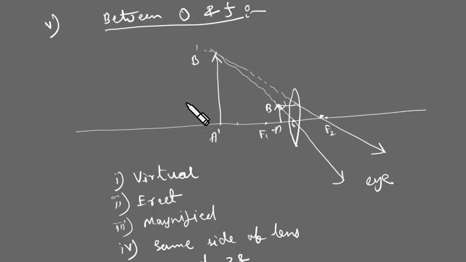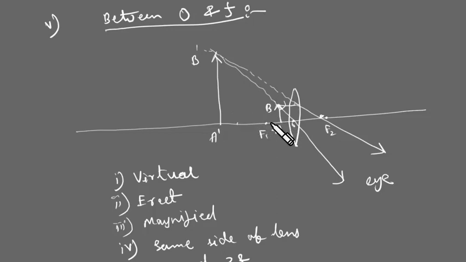Beyond 2f, the image was formed between f and 2f. At 2f, it was formed at 2f. Between f and 2f, it was formed beyond 2f. At focus, it formed at infinite distance, and between O and F, it formed a virtual image on the same side.